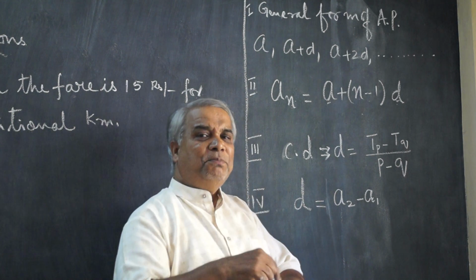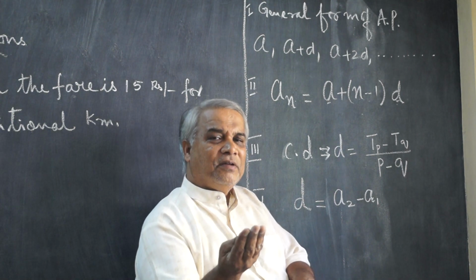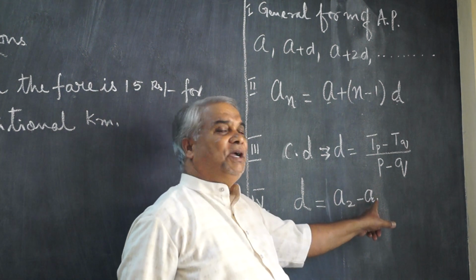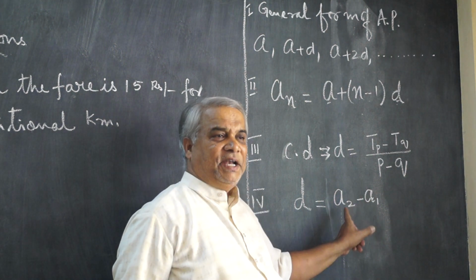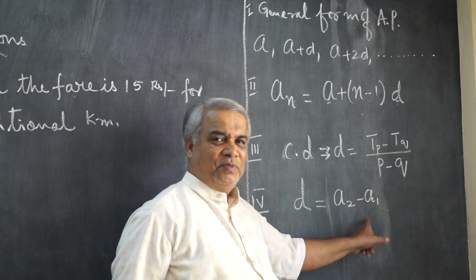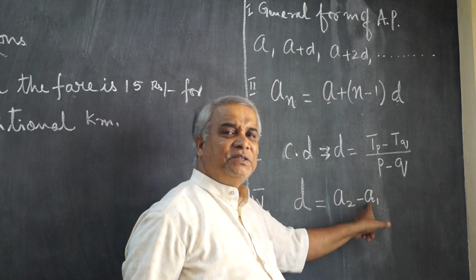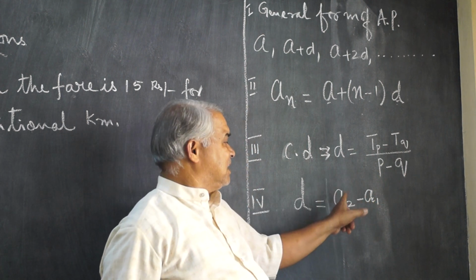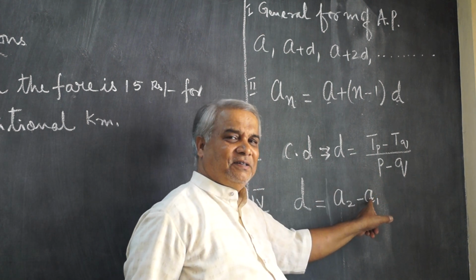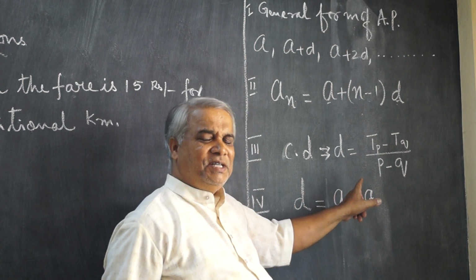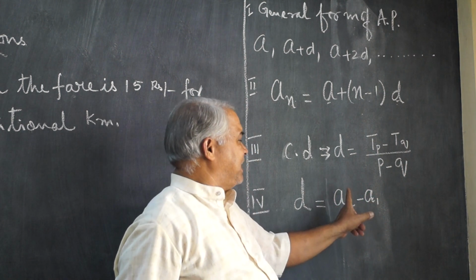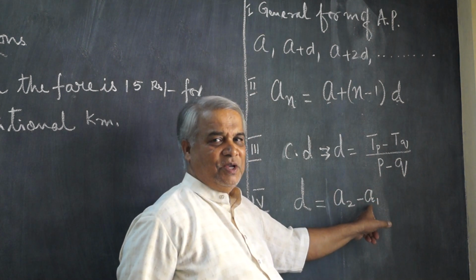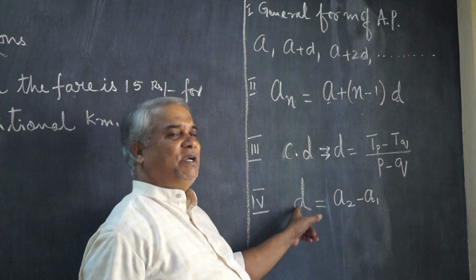The next number minus the previous number: A2 minus A1, second number minus first number, 10th number minus 9th number, 6th number minus 5th number, 7th number minus 6th. Inside a sequence, each number we call a term. So 10th term minus 9th term. In this way we can find the common difference.